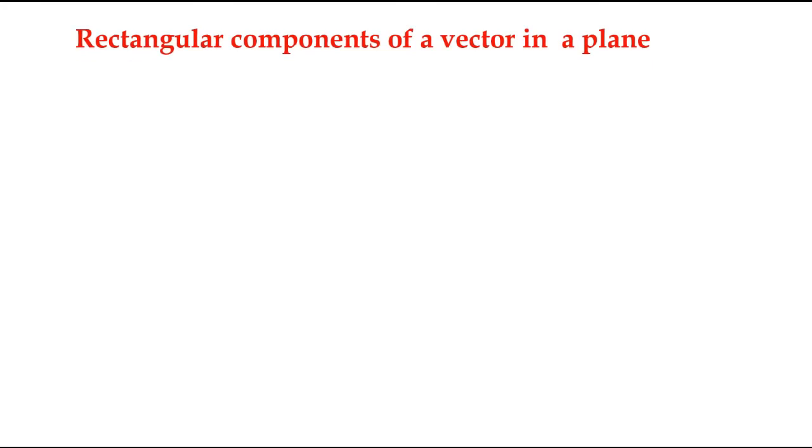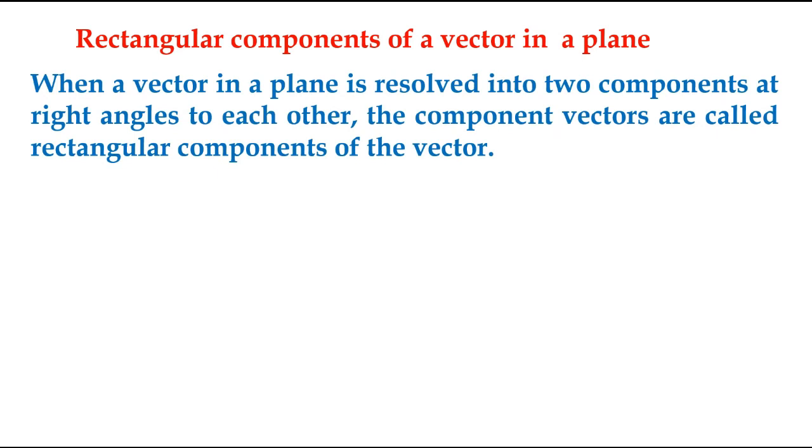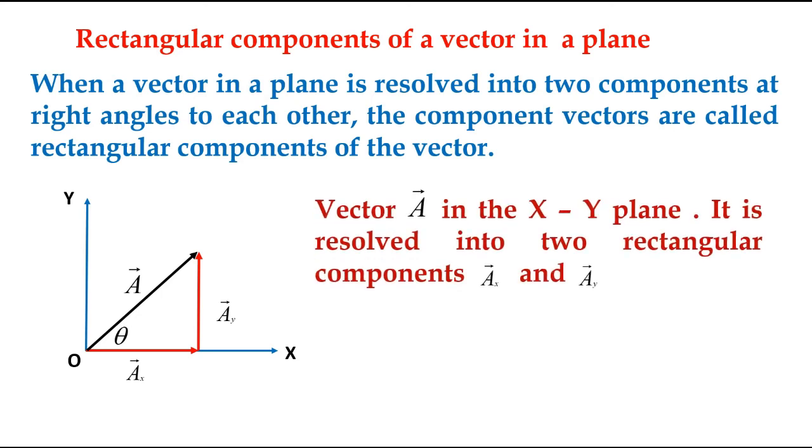Now, rectangular components of a vector in a plane. When a vector in a plane is resolved into two components at right angles to each other, the component vectors are called rectangular components of the vector. For example, here a vector is resolved into two components, horizontal and vertical. The horizontal component is denoted by ax bar and the vertical component by ay bar.